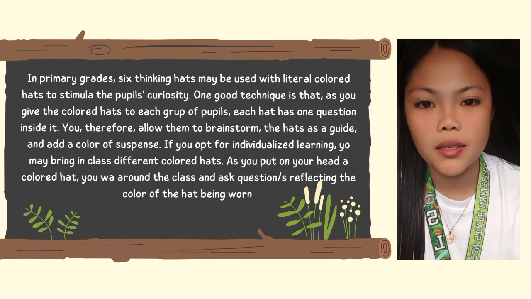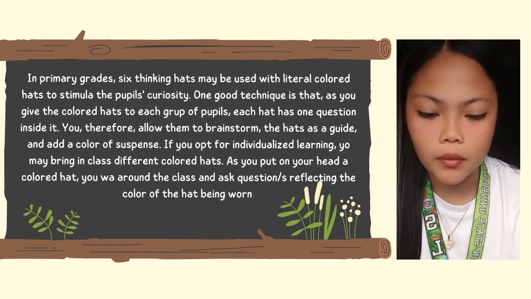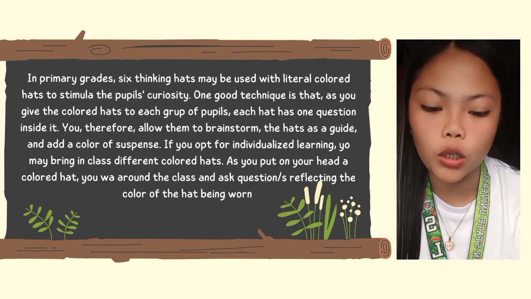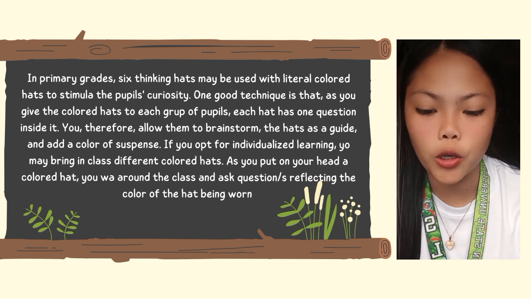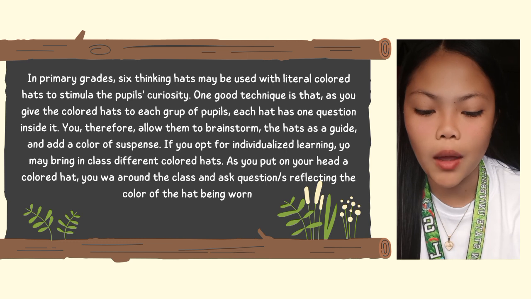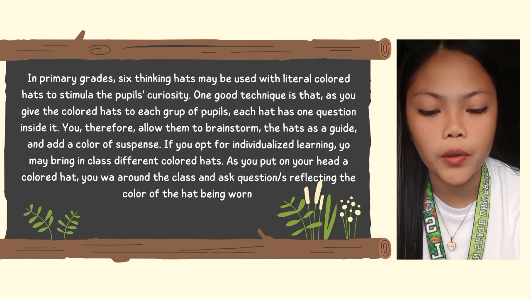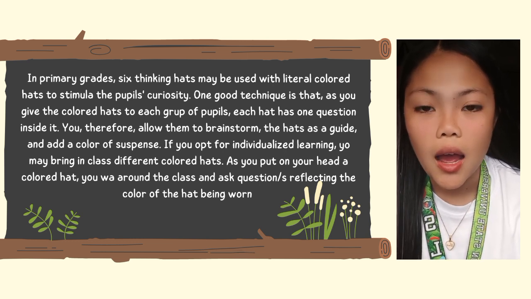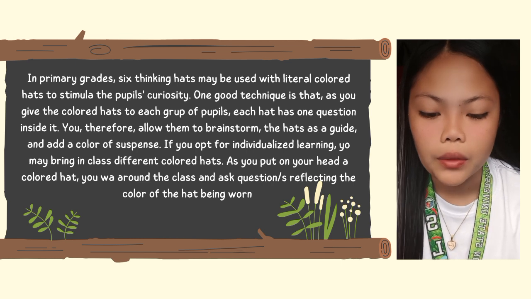In primary grades, the six thinking hats may be used with literal colored hats to stimulate the pupils' curiosity. One good technique is that as you give the colored hats to each group of pupils, each hat has a question inside it.